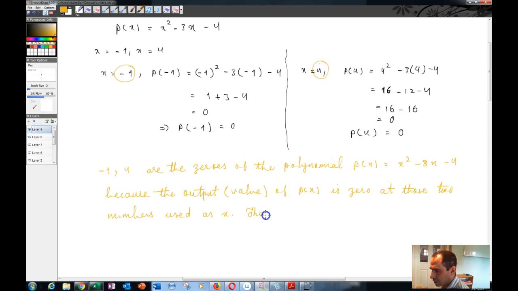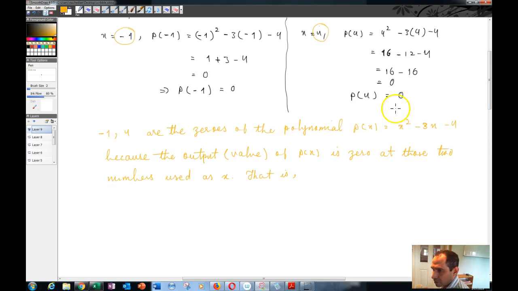That is, p of -1 is equal to 0, and also p of 4 is equal to 0. Okay, so that's basically the meaning of the zeros of a polynomial.